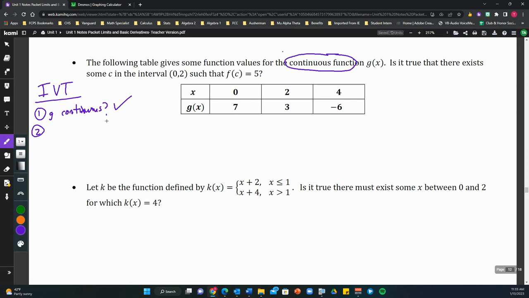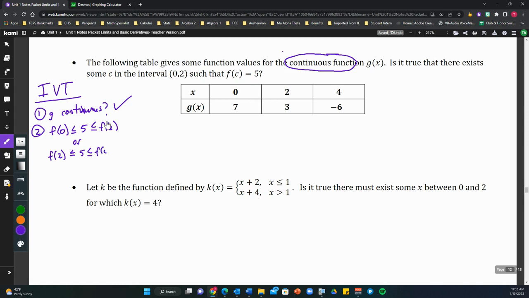So the second part is, is your d value, or in this case 5, somewhere between the endpoints of this function? It could be the case that f of 0 is the smaller of the two endpoints, or it could be the other way around. We don't know necessarily if the function decreases or increases as a whole over the course of this interval.